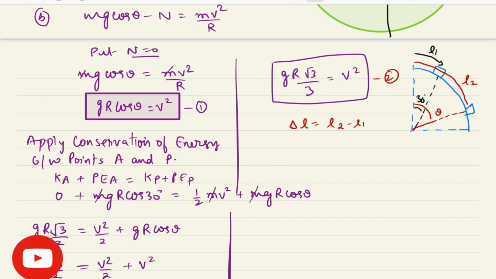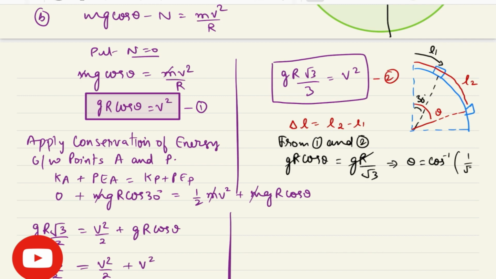From the first and second equations we have gr cos theta equals gr upon root 3. The gr terms cancel each other, and theta comes out to be cos inverse 1 by root 3. So this is our angle theta, which we will use. This is equation number third.